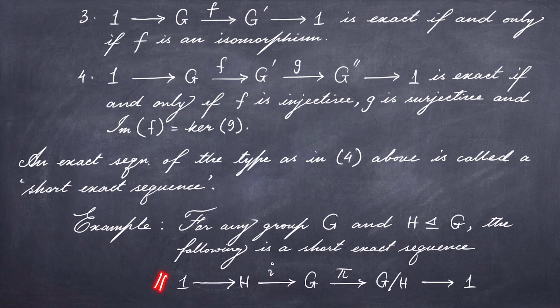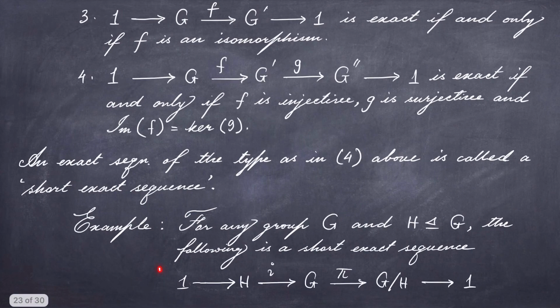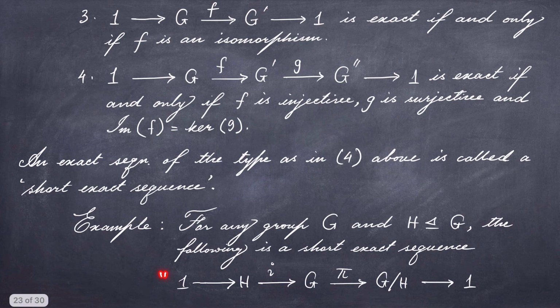Therefore this becomes a short exact sequence, and this works for any G and H. Now what we are going to see is, in fact, that every short exact sequence must be of this form.